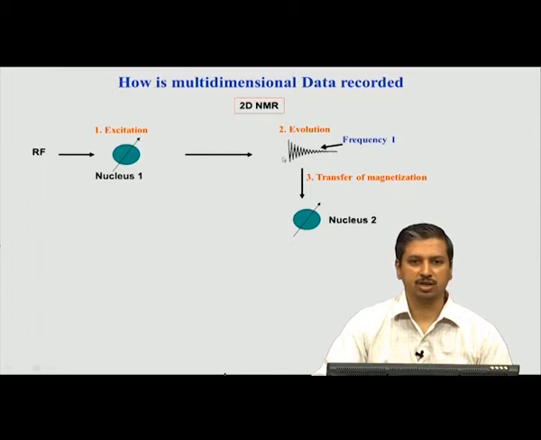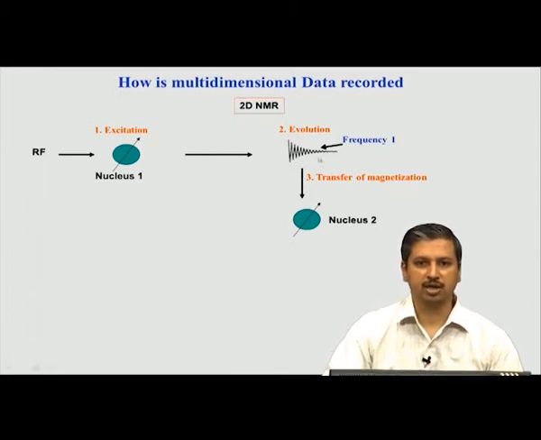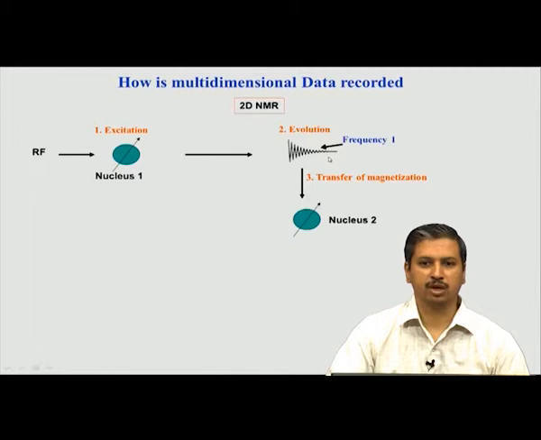During the period when it is in the xy plane it starts transferring the magnetization to the neighboring spin to which it is coupled. Once it has transferred the magnetization, nucleus 2 is now ready. If I excite the second nucleus by another RF pulse, then the magnetization which has come from nucleus 1 to nucleus 2 now starts evolving.